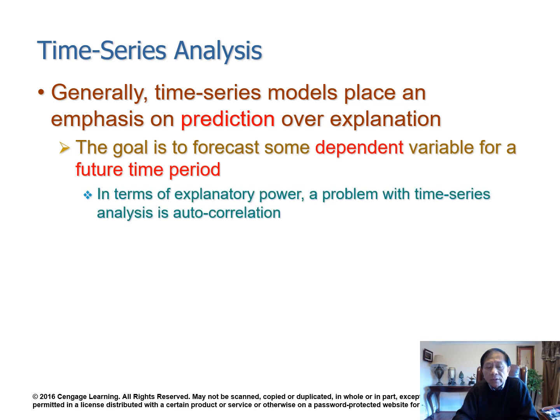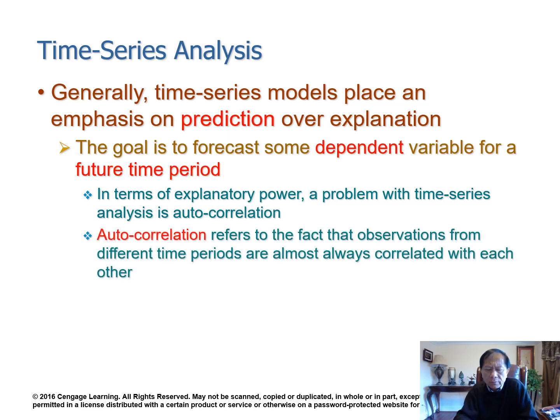Also, time series analysis. Generally, time series models place an emphasis on prediction over explanation. The goal is to forecast some dependent variable for a future time period. You extrapolate. In terms of explanatory power, a problem with time series analysis is called autocorrelation.